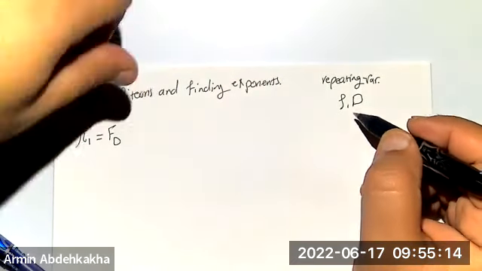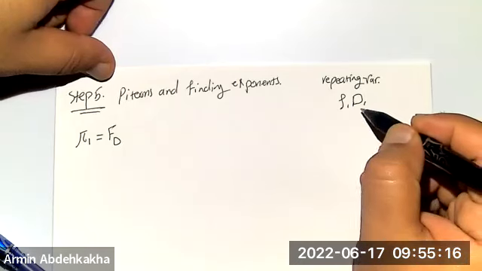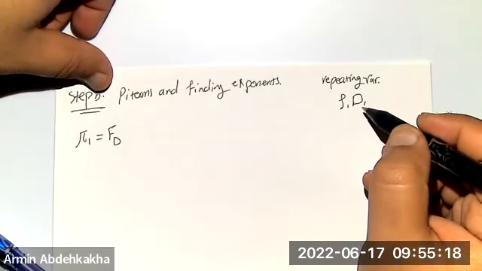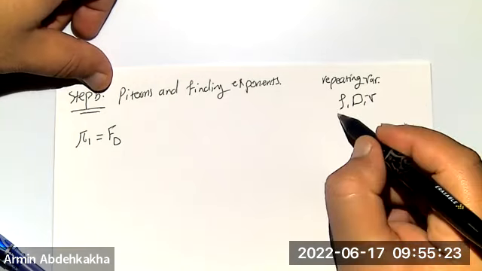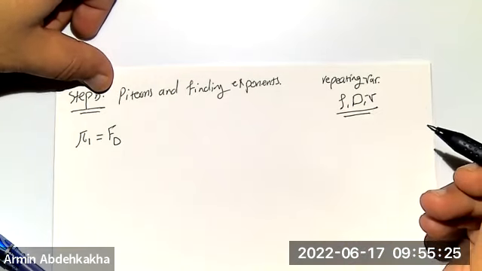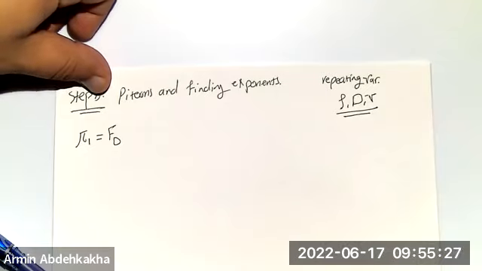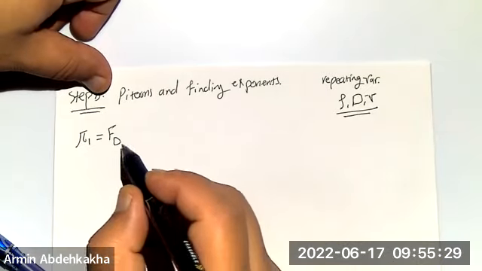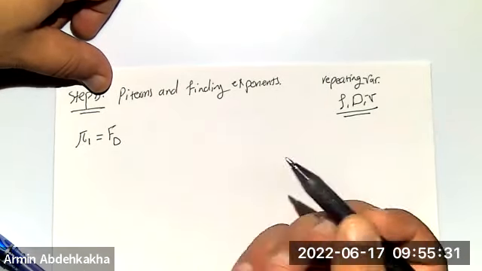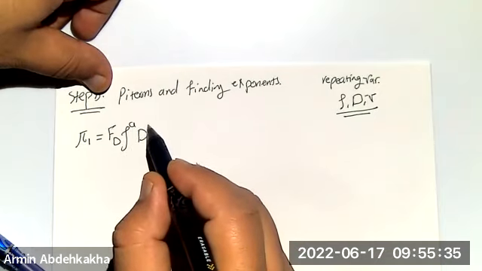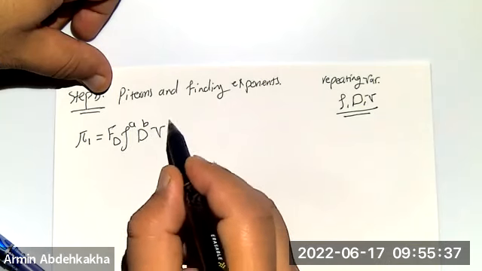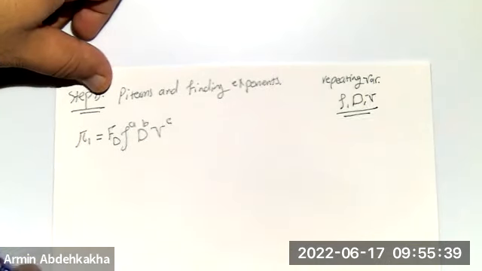I don't know exactly what it is, but the D of the ball is mostly important. Also velocity, instead of omega. These are much more important than the others, in my view. So rho to the power of A, D to the power of B, and V to the power of C.